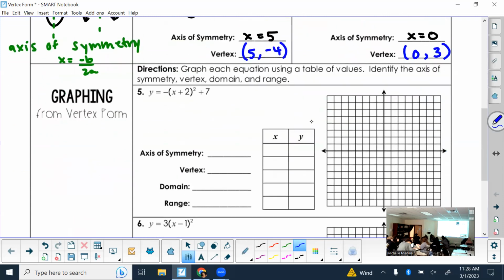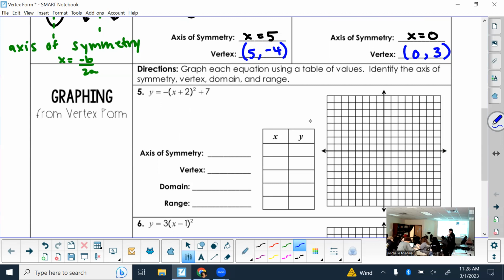Just moving down. We are going to graph it. Do you guys remember how to make a table for any function, no matter what the equation is? How do you determine what your x's will be? Do you get to pick your x's?